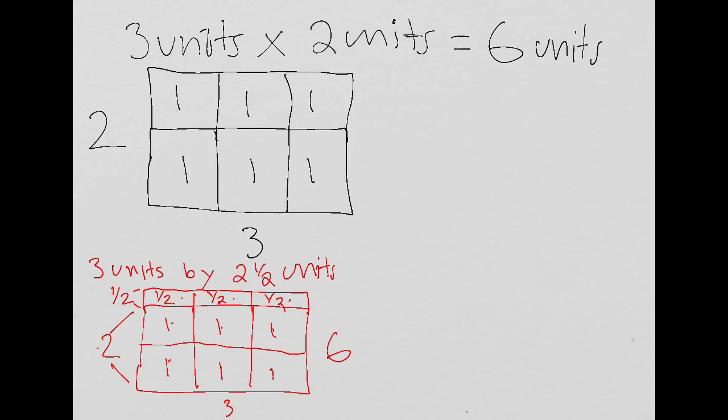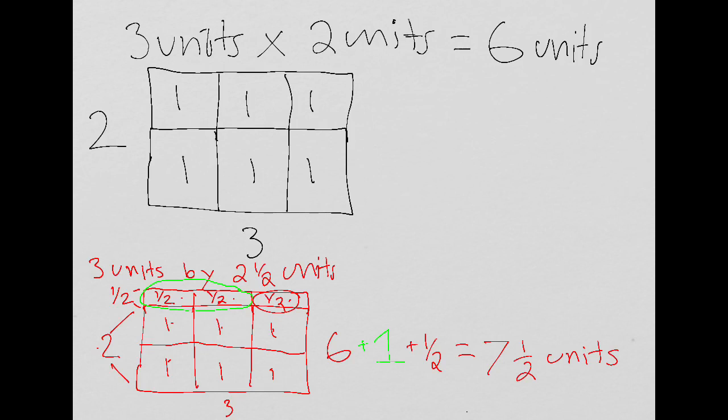Well, we can see that if you have 2 halves, that together is going to come together as 1. And then we're left with 1/2 on its own. So when we add those together to find the area, we get 7.5 units.